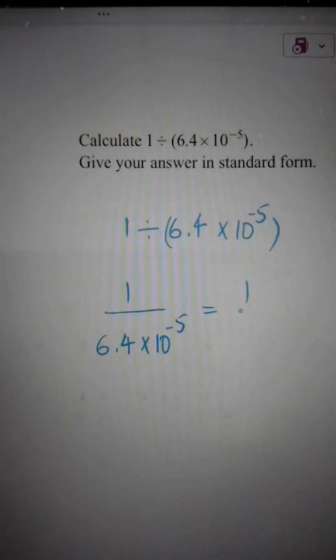It can be written as 1 divided by 64 multiplied by 10 raised to power minus 5, with a factor of 10 rising to the numerator.